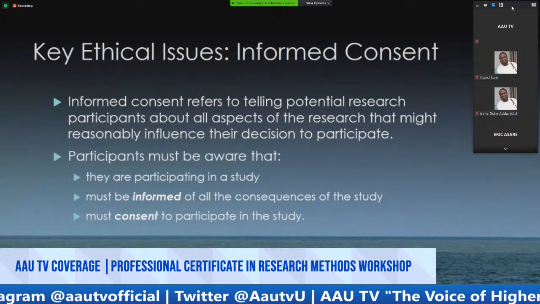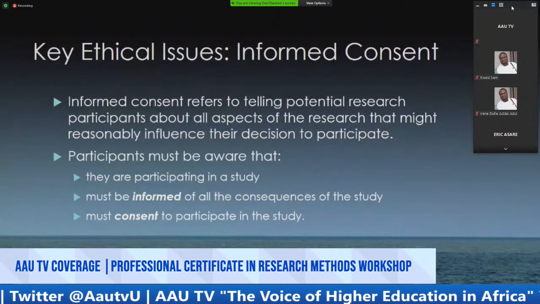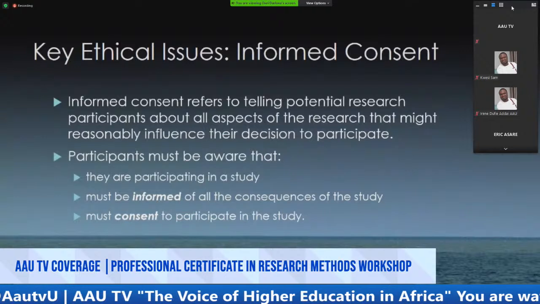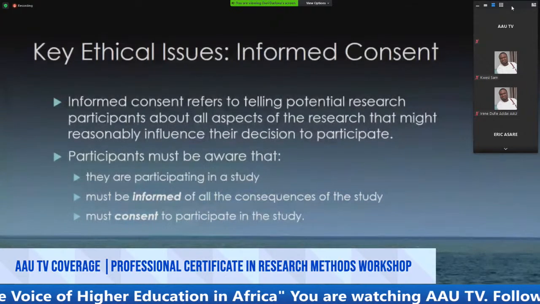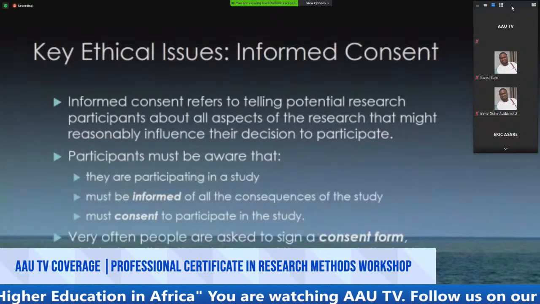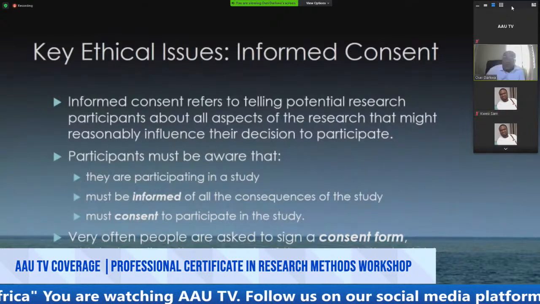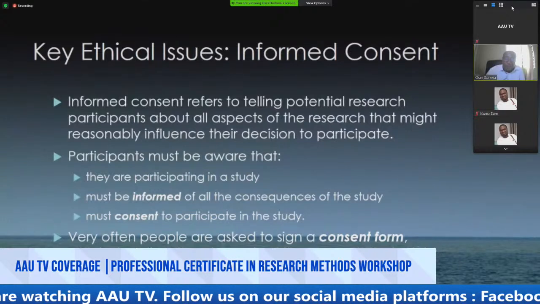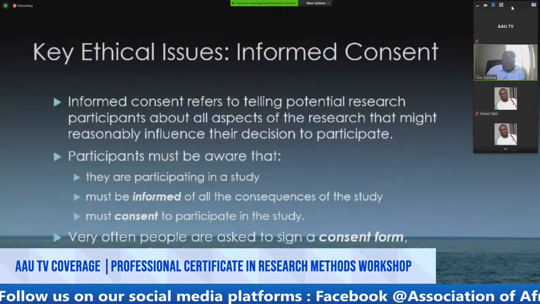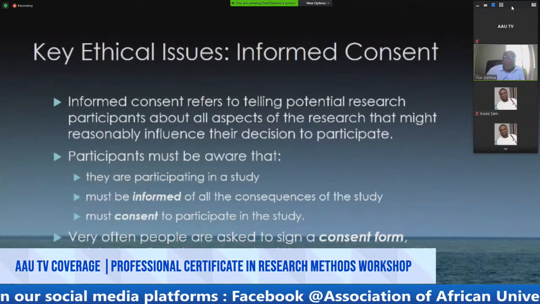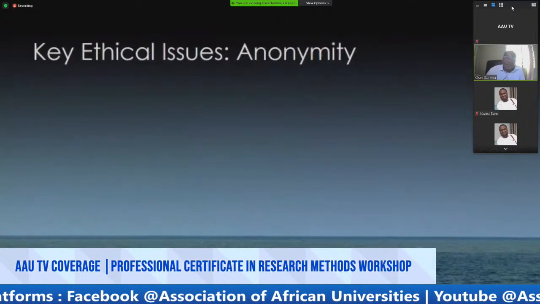Participants must be aware that they are participating in a study, must be informed of all the consequences, and must consent. How do they consent? By signing. Very often people are asked to sign a consent form, which describes the elements of the research that might influence a person's decision to participate. So that is one key ethical issue.